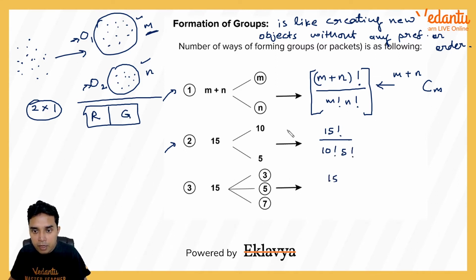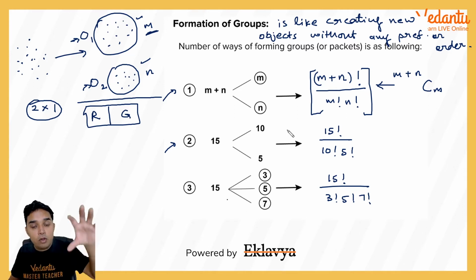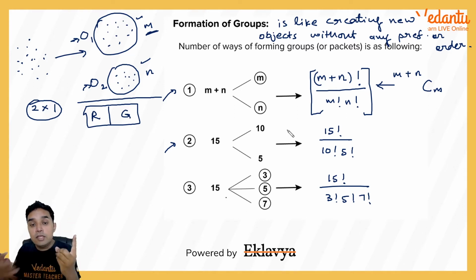Similarly here it will be 15 factorial upon 3 factorial 5 factorial 7 factorial, and this again will create 3 new objects from 15 objects. One of them will have 3 old objects, second will have 5 old objects, and third will have 7 old objects. And these 3 new objects are without any preference or order.